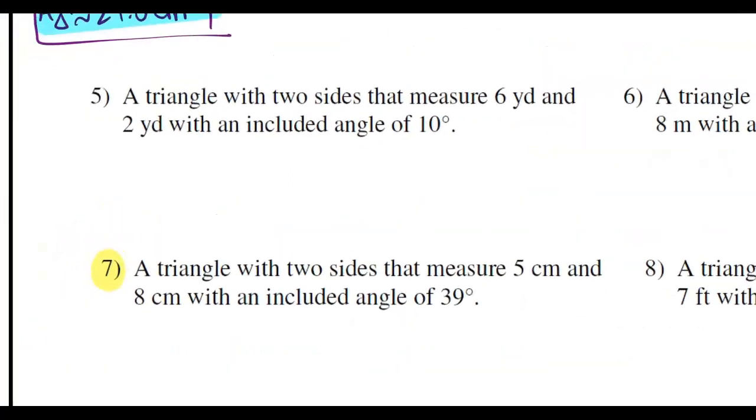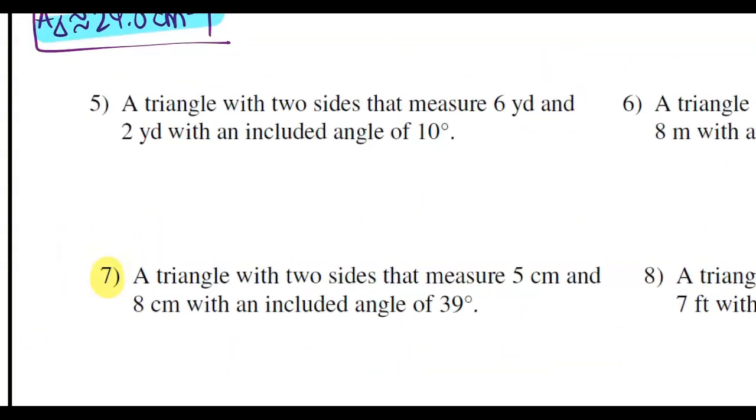For example 7, I am going to probably want to draw an actual representation of this. So over here to the side, I'm going to draw a triangle, and it's going to have 2 sides that have a measure of 5 centimeters and 8 centimeters with an included angle of 39 degrees, excuse me. So I'm going to redraw my triangle. It doesn't matter what sides you label it. We can label it A, B, and C, especially since it doesn't give us specifics.